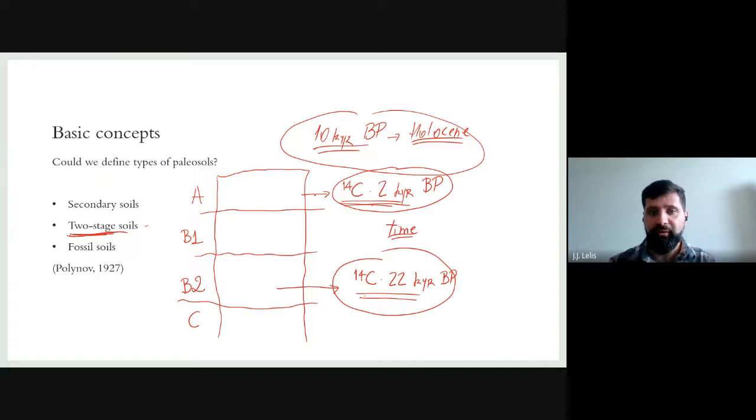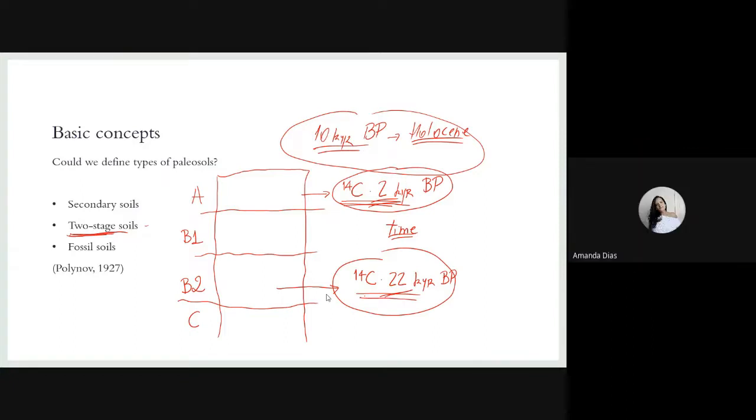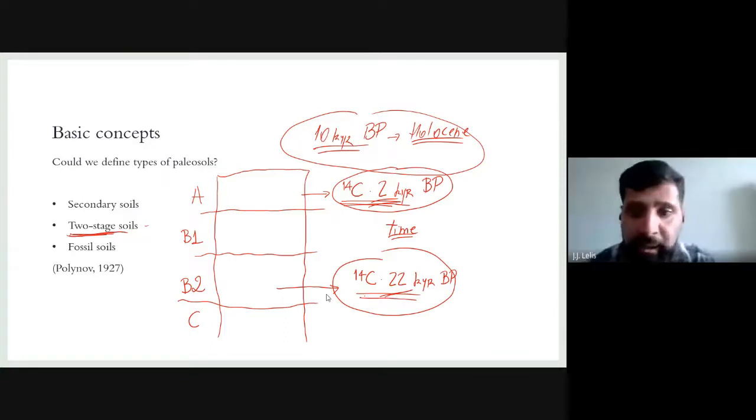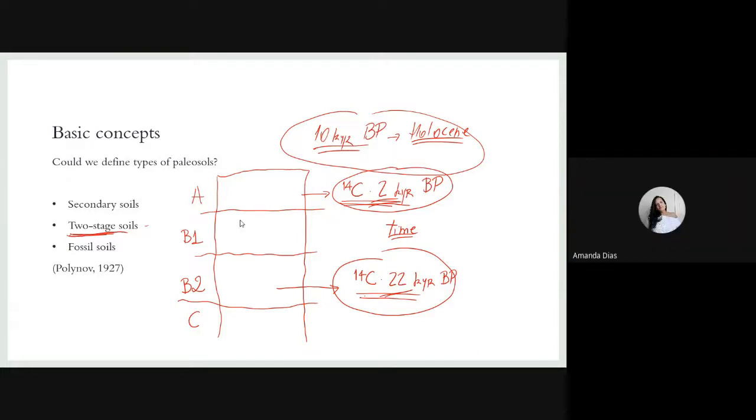when we have soils, or horizons, I'm sorry, horizons that have different ages, different periods or eras or times. And as I said, the climate could be the same or could be different, it's not a problem.